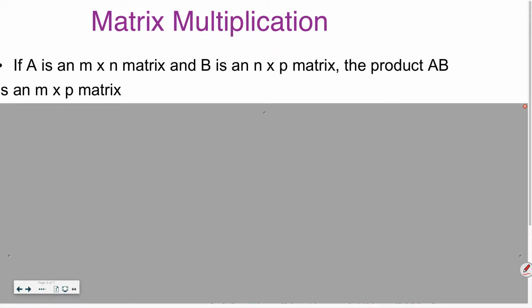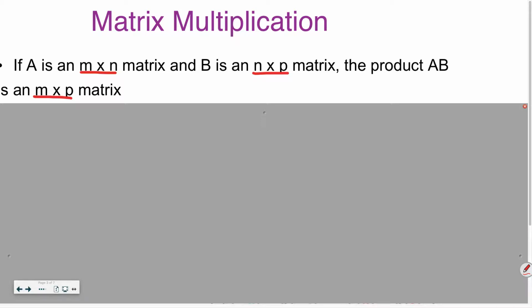Okay? So first of all, we can multiply matrices if A is m by n and B is n by p. Okay, so notice how those n's are the same. And if that's the case, then A times B is going to have m by p order.